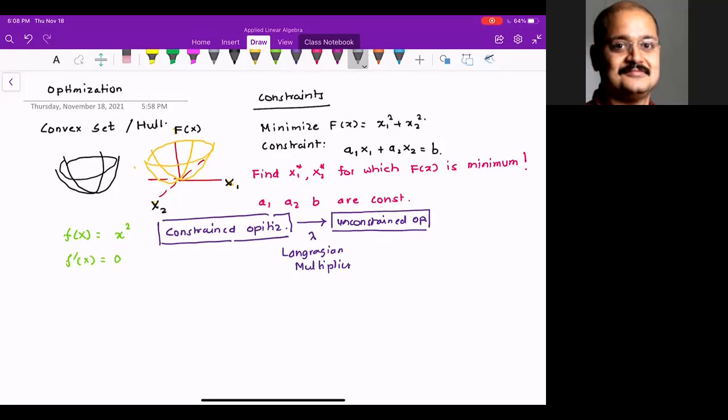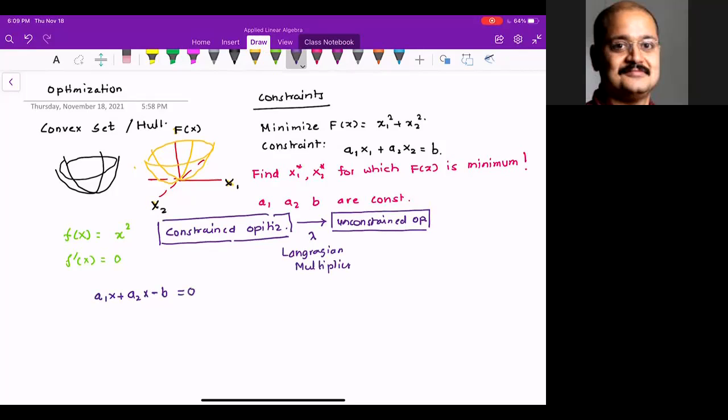What it does, it multiplies the constraint by a constant lambda, or sorry, a variable. So you can see the constraint over here. That constraint can be written as a1x1 plus a2x2 minus b is equal to 0.